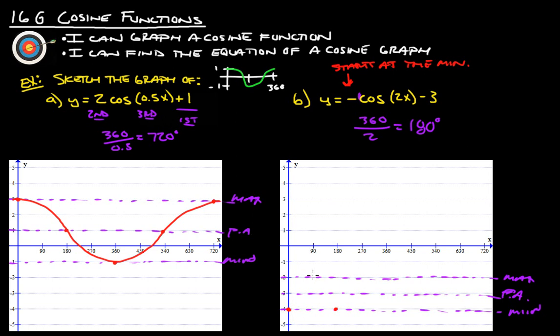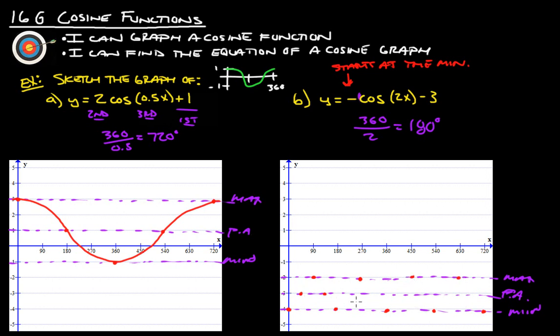Halfway in between is the max. Halfway in between the minimum and the maximum is where it crosses the principal axis. Same thing there. And then we should be able to just repeat this. So every 180 degrees, it repeats. And then halfway in between all those, it's going to be at the top.